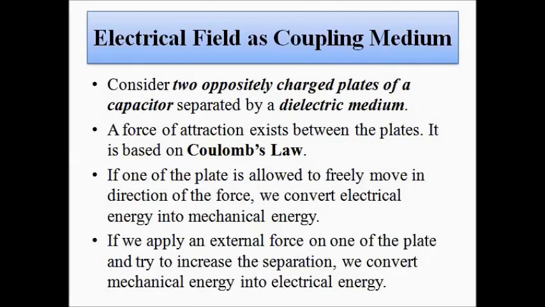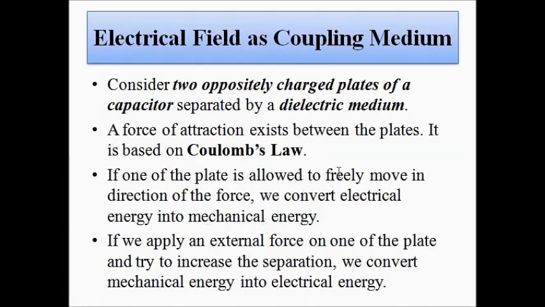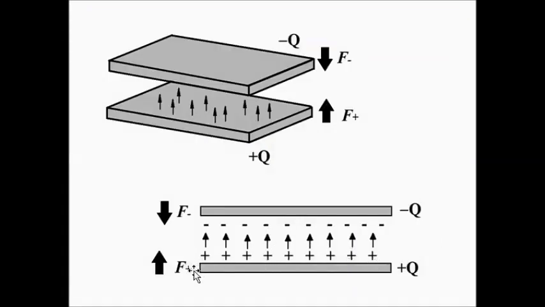Now, as there are two plates which are oppositely charged and are separated by a certain distance, there will be a force of attraction between them. So this force of attraction, if one of the plates is held constant, okay, stationary, and one is mobile, one is free to move, then because of the force of attraction between the two plates, the movable plate will move to and fro.